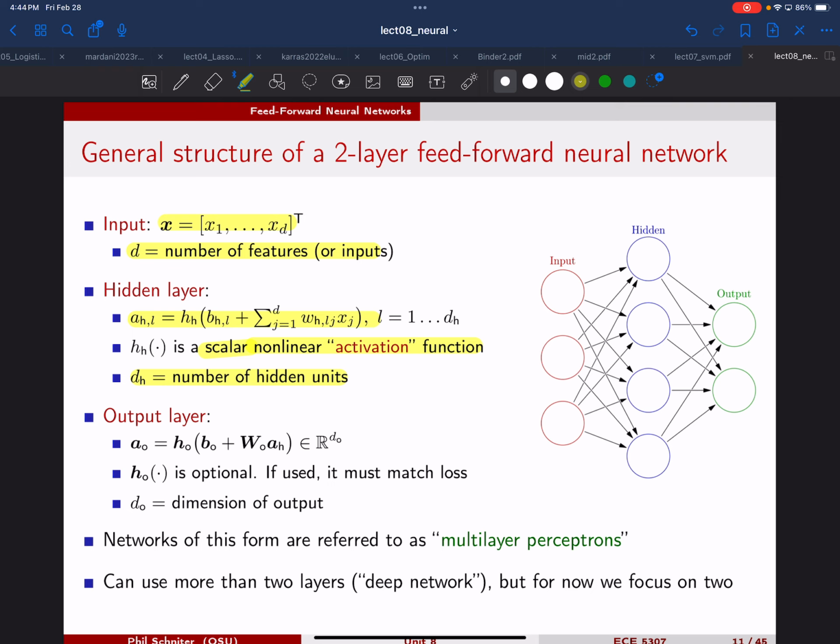And then in the output layer, we're going to have, again, a kind of a similar processing architecture where we take the outputs of the hidden layer, we do some sort of affine linear transformation, so scaling and shifting. But now this output layer transformation might take a vector input and give you a vector output.